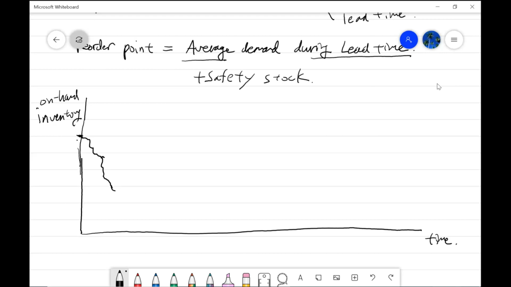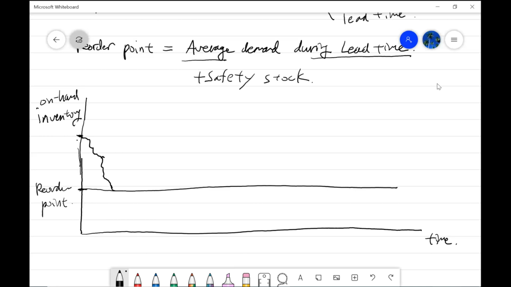But as I said, under the continuous review system, you have to set the reorder point first, before even starting to draw the inventory level as time goes on, okay? So let's say this is the reorder point. I already set it before even starting to draw this inventory level at time 0.